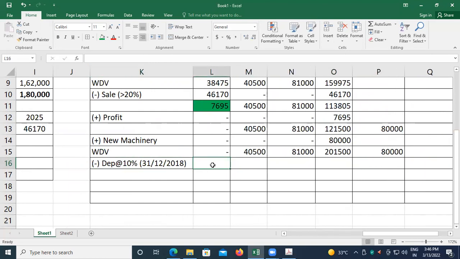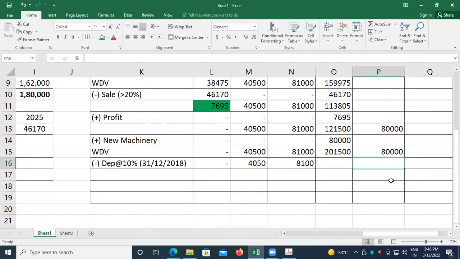Now remember, first part of the asset is sold. Now 40,500 we have to charge completely, the total value of the asset, because first part is sold now here. So it will come 4050, and the second value of the asset will come full 10% we have to charge here, 8,100. Now here, 80,000 is the value of the asset, which is purchased on July 1st.